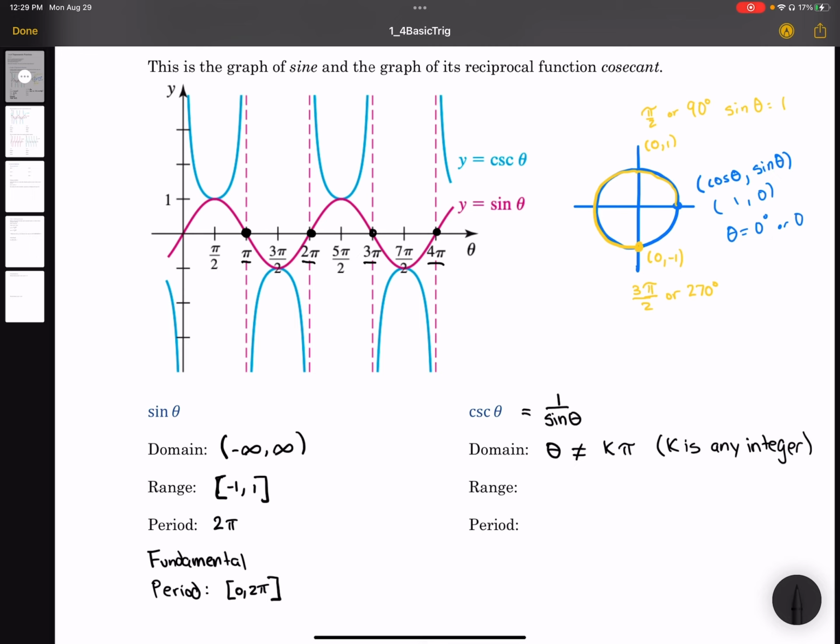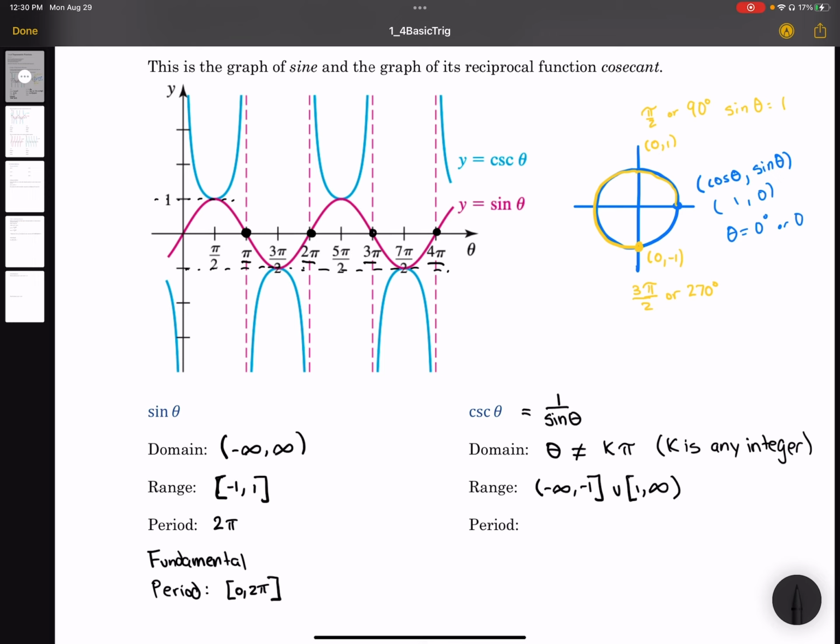Now, if we look at our range, it seems like cosecant is at least 1 and continues up, or it is at most -1 and continues downward. So that's going to make our range -infinity to -1 union 1 to infinity.